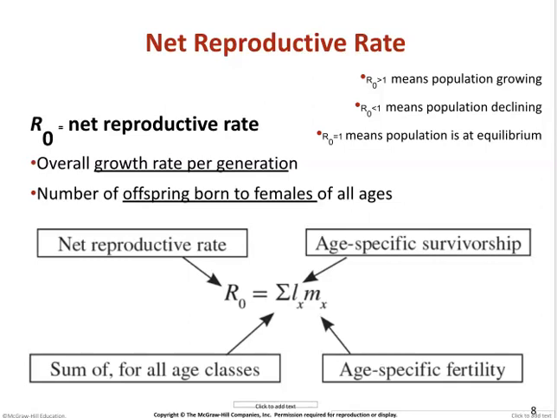And we use the reproductive rate of the population to determine whether a population is growing, declining, or maintaining equilibrium. So the net reproductive rate equals the sum of all age classes, rate of survivorship, times fertility rate.